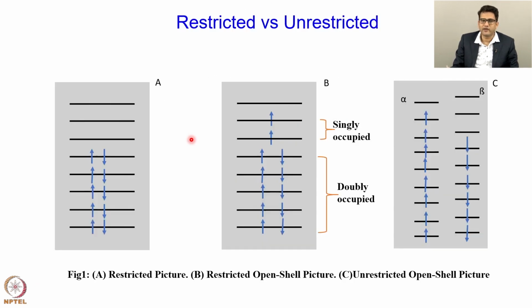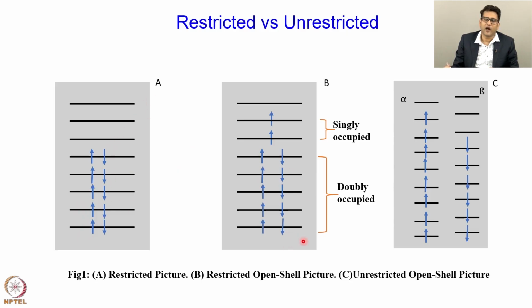So the solution is to go for unrestricted formalism. There are basically two kinds of unrestricted formalism. One is called restricted open shell picture, and the second one is called unrestricted open shell picture. If you want to see it pictorially, in the restricted picture, all my electrons are paired up.